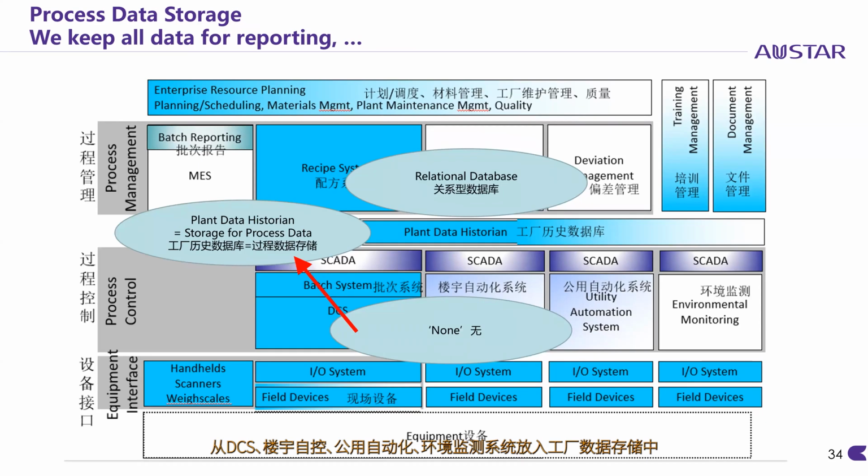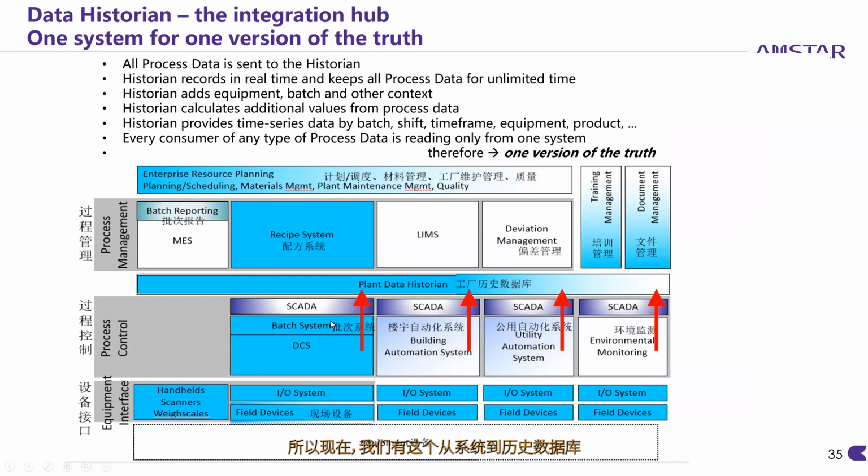So also all these systems in the lower part, their data are also available, as are all MES data, which are typically stored in a relational database. So now we have these data coming from these systems to the historian. And when the data come, they're just numbers, but it is really more a process. So we send all data here to the historian, it records in real time, and it keeps process data for unlimited time.